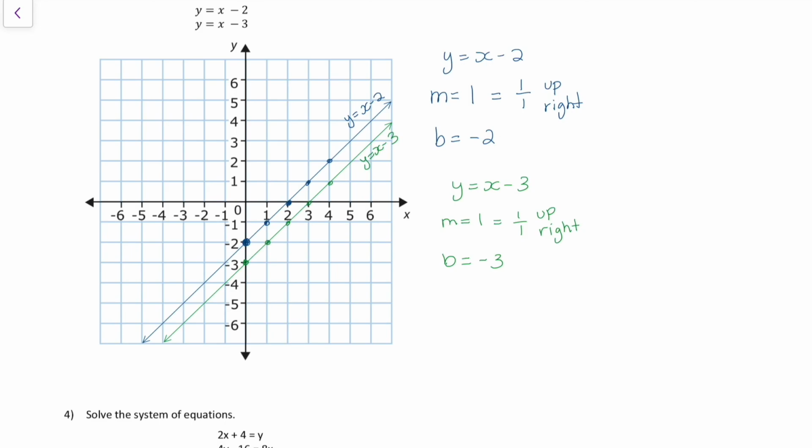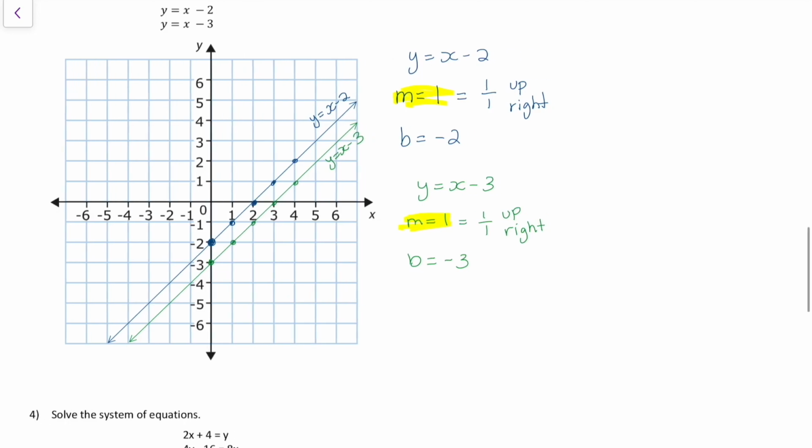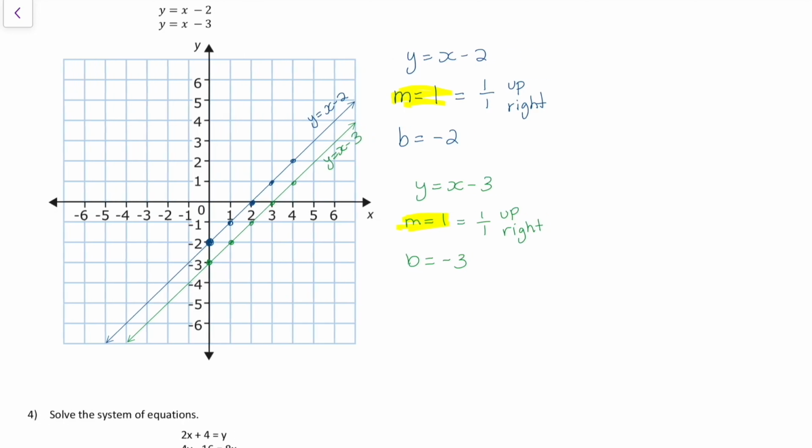Now, if I was to extend this graph out and I extended it more and more and more, would it eventually cross? Like maybe they just don't cross in the graph that I have drawn. No, because if you'll notice, they both have the same slope. What do we call lines that have the same slope? We call them parallel.